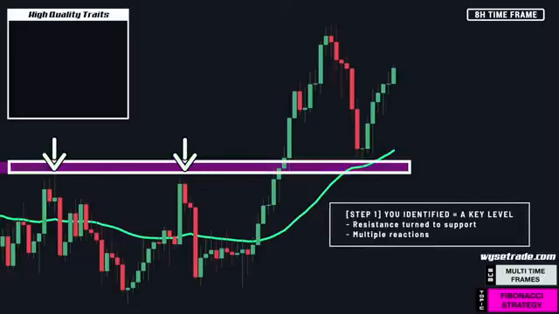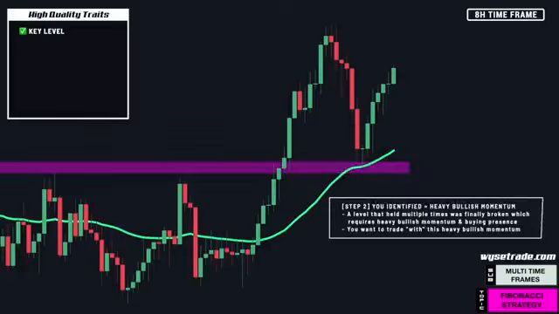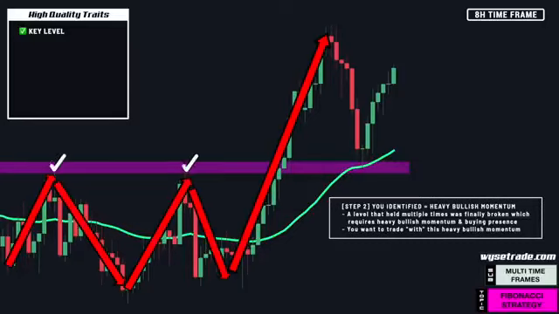So let's start from the top again, except now we'll be combining the usage of multi-timeframes. This is the 8-hour time frame, and this is where the trade opportunity long occurred. First, you identified the key level here. Next, you had heavy bullish momentum because price broke the key level that previously held multiple times.